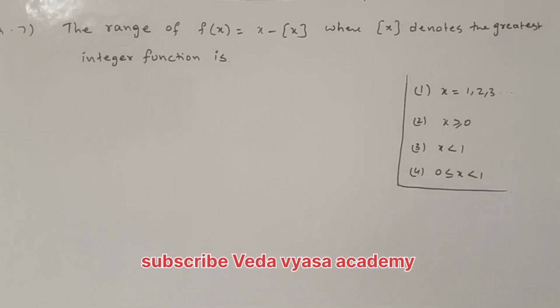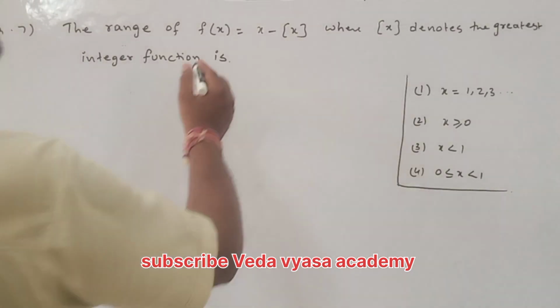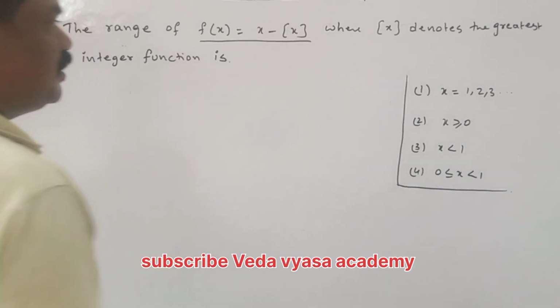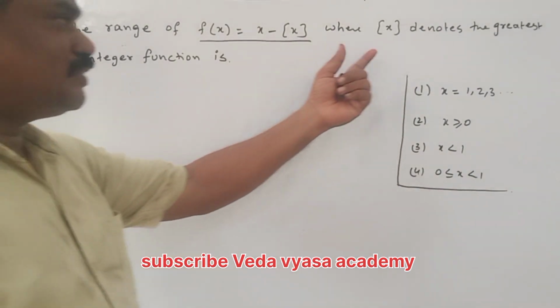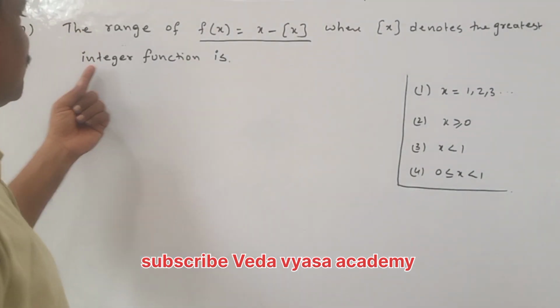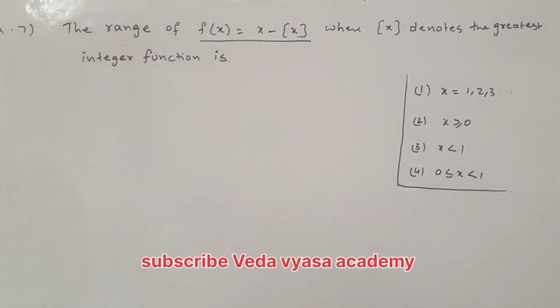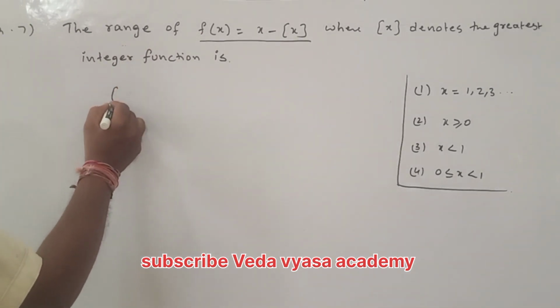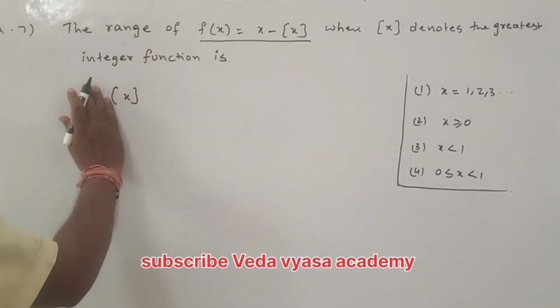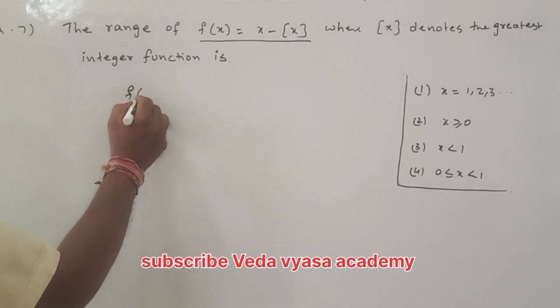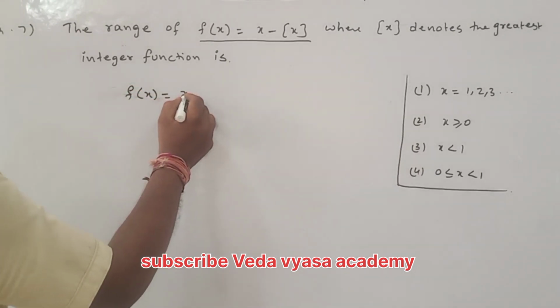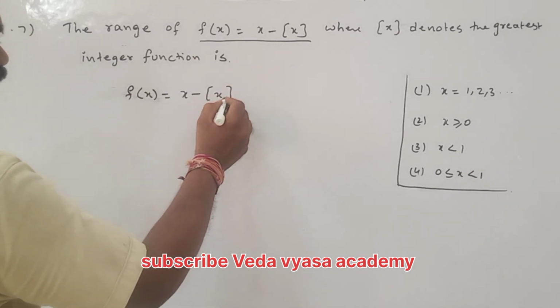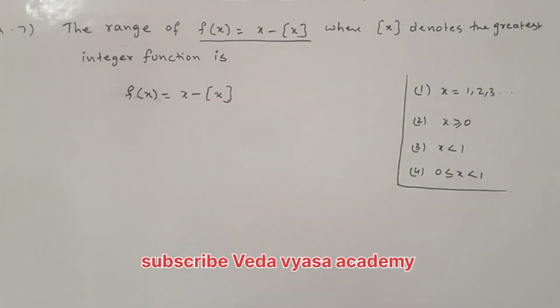Here we have the problem. The range of f of x is equal to x minus [x], where [x] denotes the greatest integer function. So here we have been given f of x is equal to x minus [x], the greatest integer function of x.